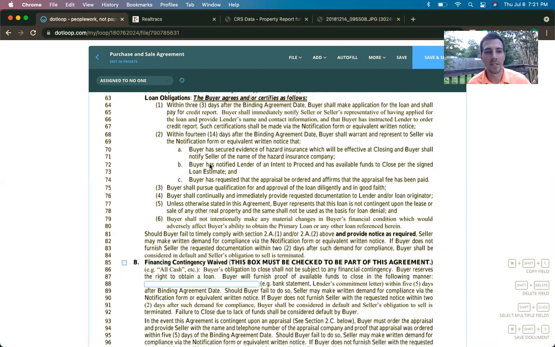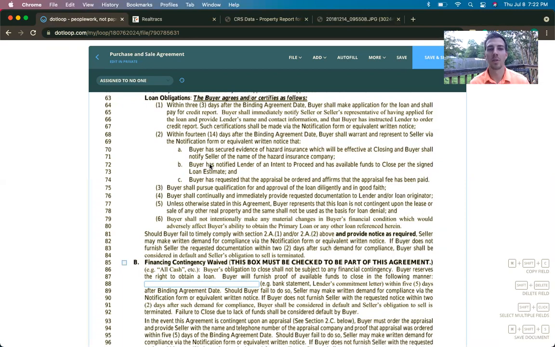Okay, so lines 63 through 84, loan obligations. If your buyer is getting a loan, you need to understand the different timelines and deadlines within this contract. Definitely read this, but here are some of the big points.